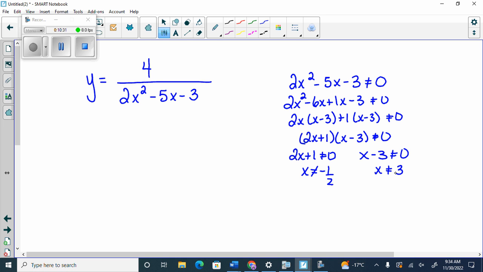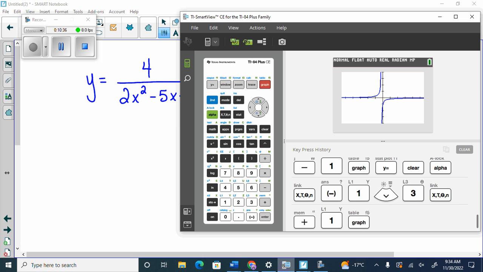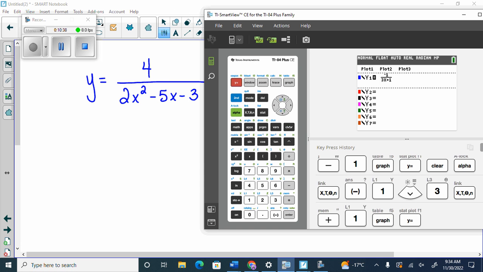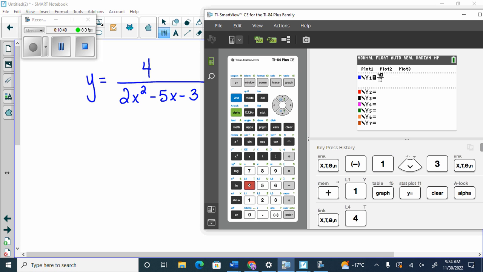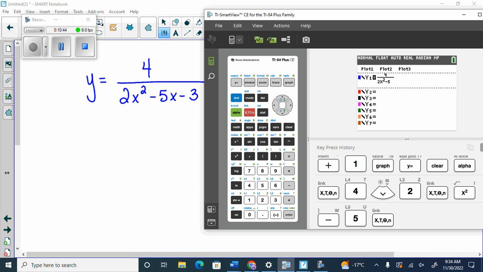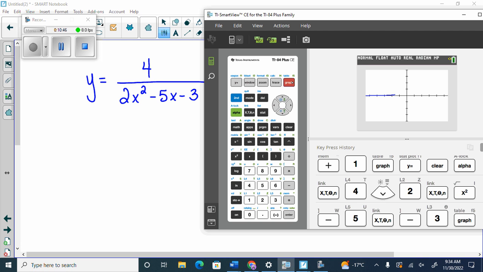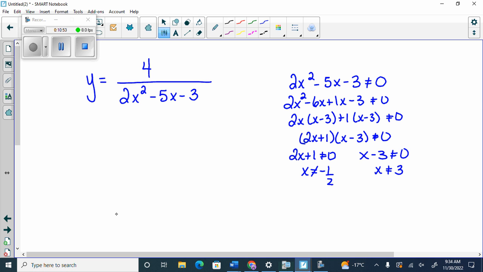Now, let's look at this graph. So do we have the asymptotes where we said they are? The asymptotes we said were going to be at negative a half and 3.